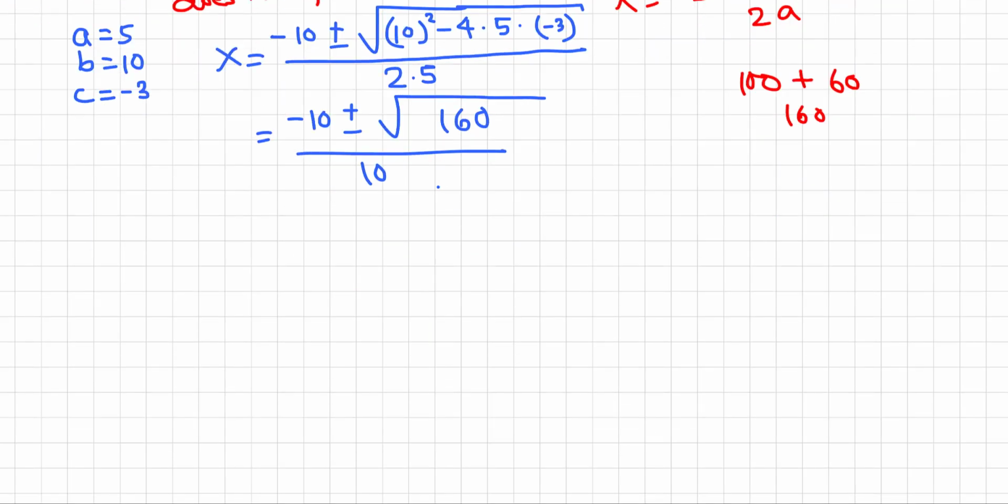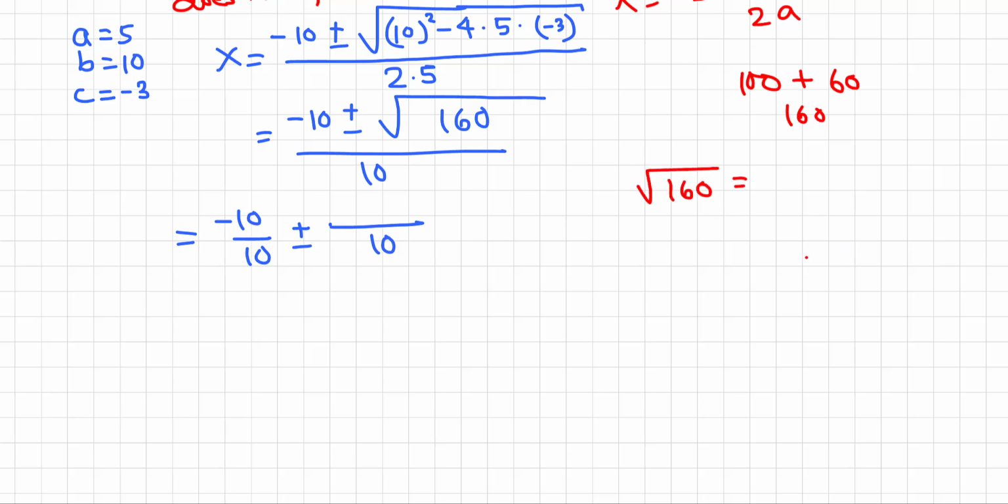But we need to simplify the square root of 160, because 160 might have a perfect square factor. Anyways, let's separate into two parts. So negative 10 over 10 plus or minus square root of 160 over 10. This 10 is for the first here and here. So what is the square root of 160?